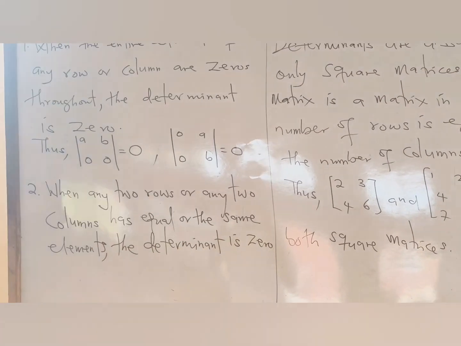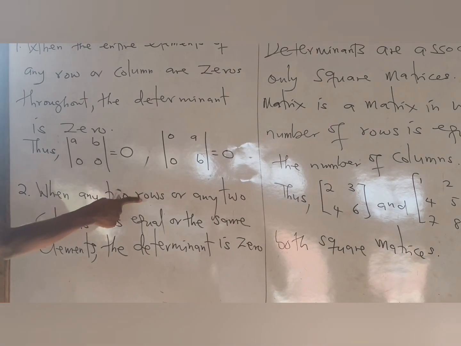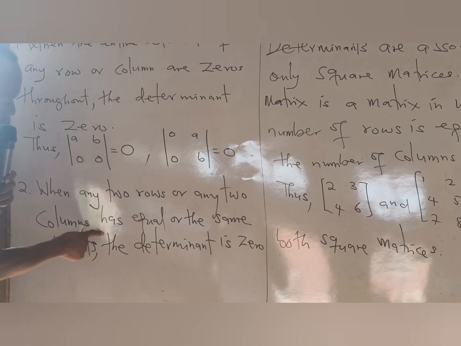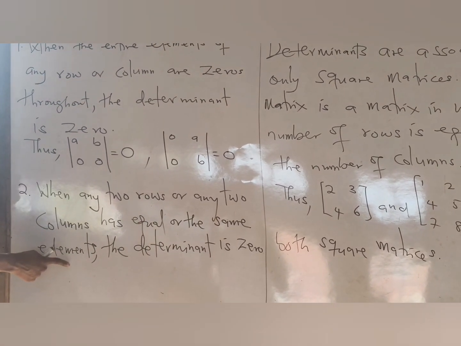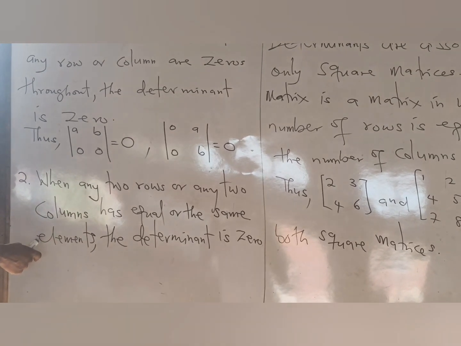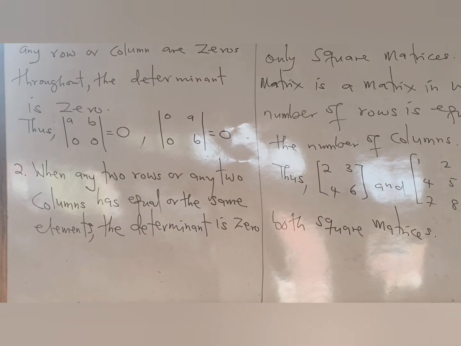What did I say? When any two rows or any two columns has equal or the same element. Are you all here? Equal or the same element. The determinant is 0.